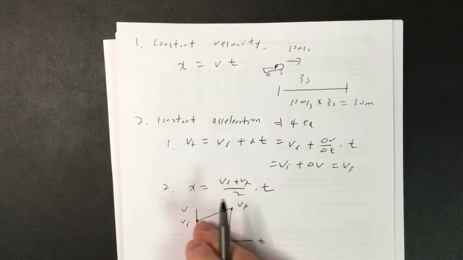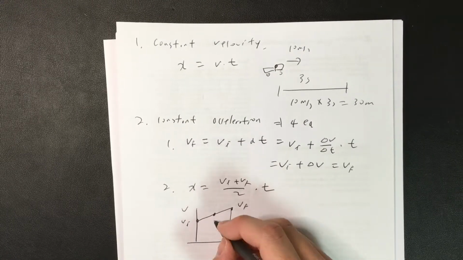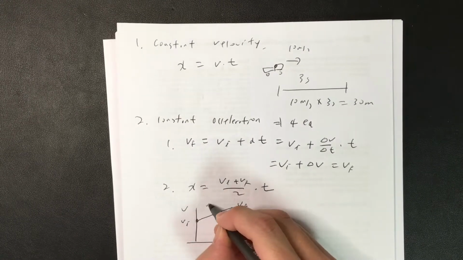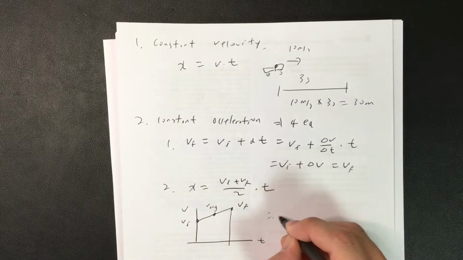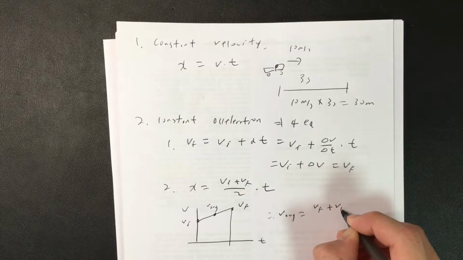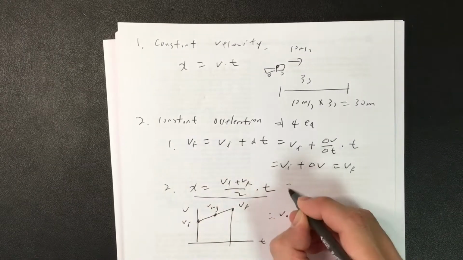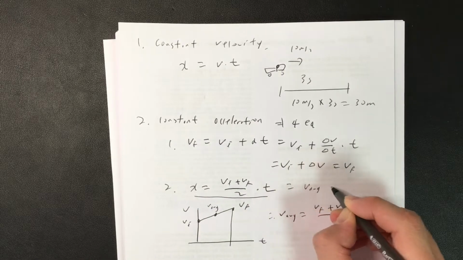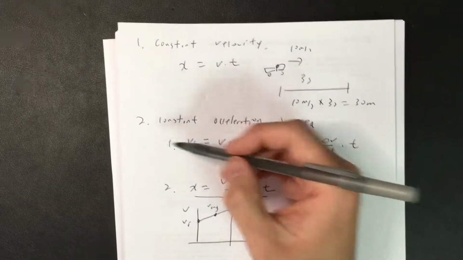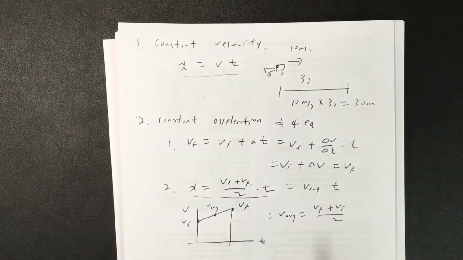Since this is varying linearly, I can assume that the midpoint between v final and v initial is v average, and thus v average would be (final velocity plus initial velocity) over 2. In this case, this second equation is simply v average times time, which again corresponds to the constant velocity equation of motion.